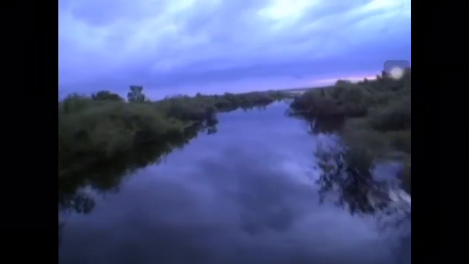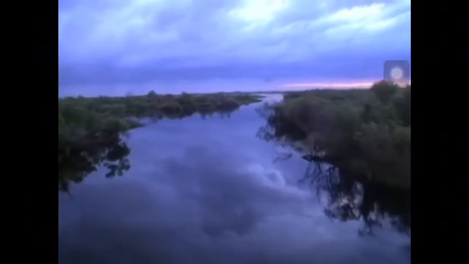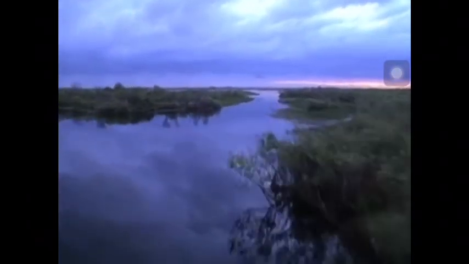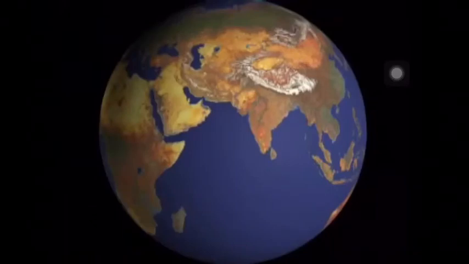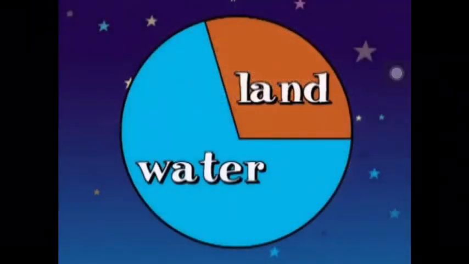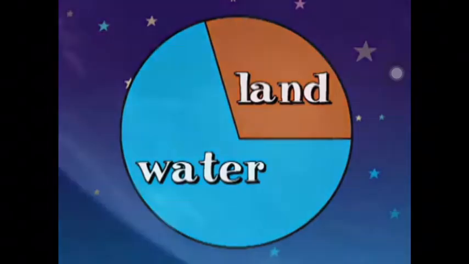Iggy, as you can see from all the blue here, the surface of the Earth is mostly covered by water. Water, the most important liquid in the world. In fact, nearly 3/4 of the Earth's surface is covered by water. Only about 1/4 is dry land. Correct calculation, Iggy.